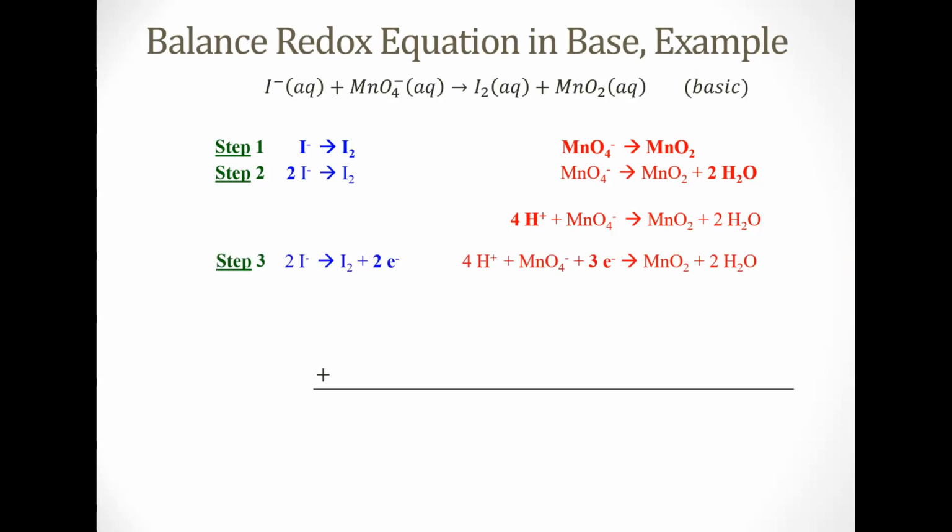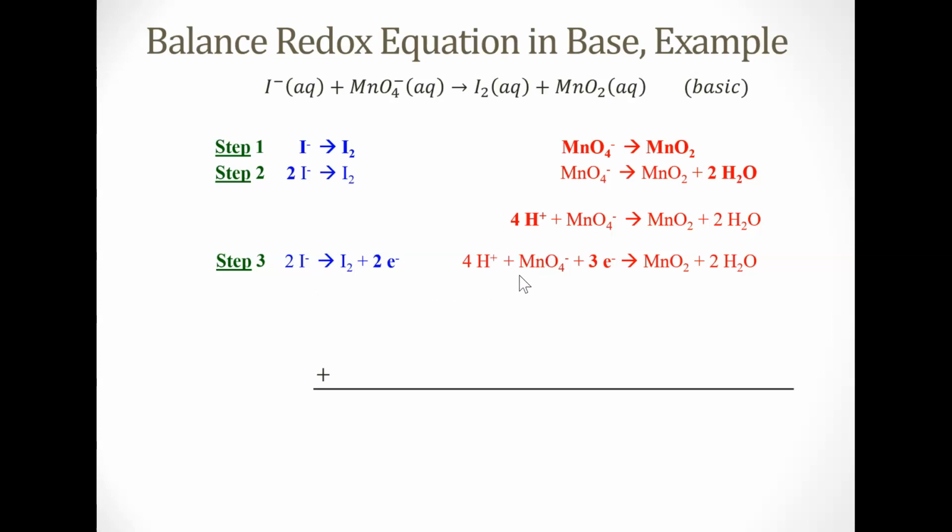Now we're balanced in terms of the number of atoms, but now we must balance in terms of charge. Here we have a 2 negative charge on the reactant side for the oxidation, and we have a 0 charge on the product side, so we must introduce 2 electrons so that the reactant side and the product side both have a net charge of 2 minus.